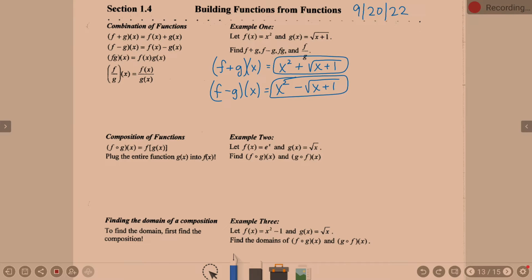I think I'm going to put fg over here. If we're doing fg of x, that means we're going to take f and multiply by g. What is f? X squared. What is g? Square root of x plus 1.